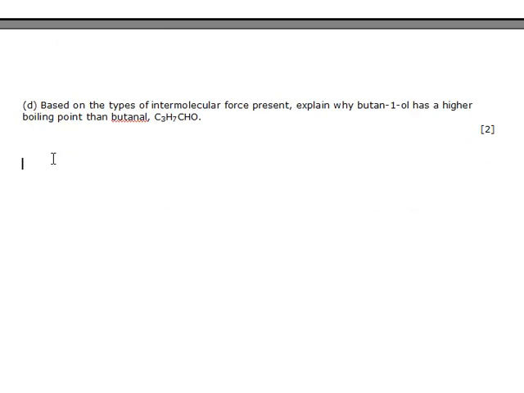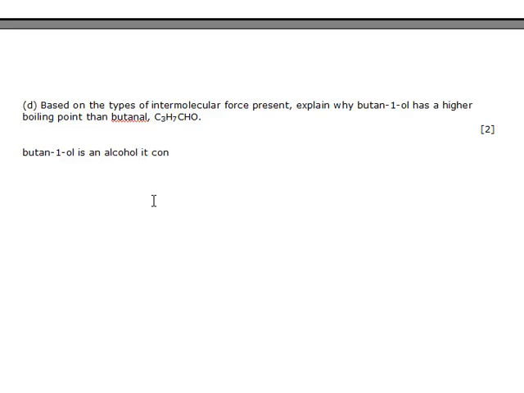Based on the type of intermolecular forces present, explain why butan-1-ol has a higher boiling point than butanal. Well, butan-1-ol is an alcohol.